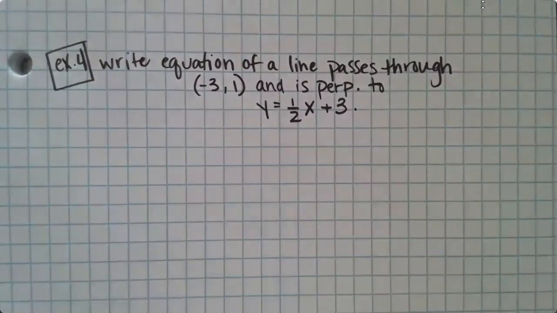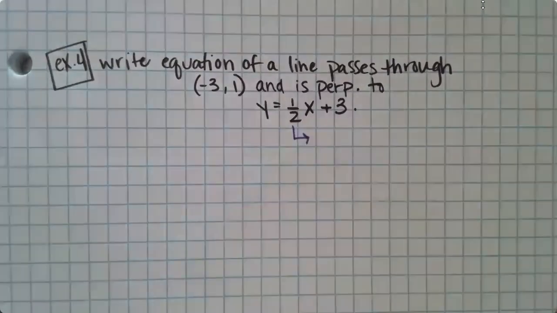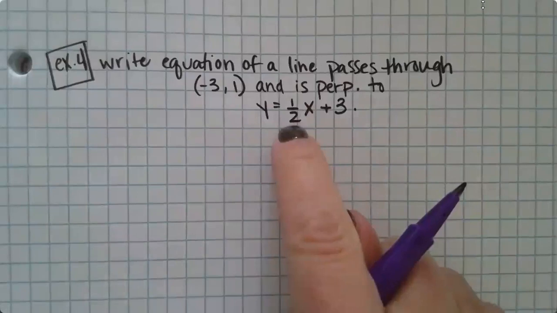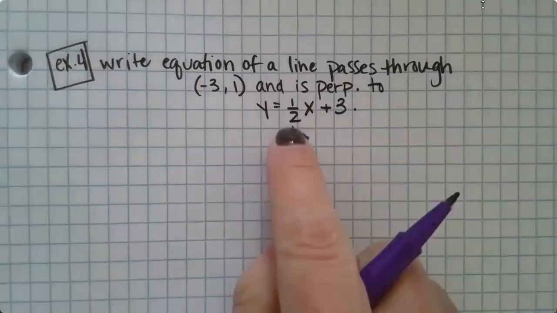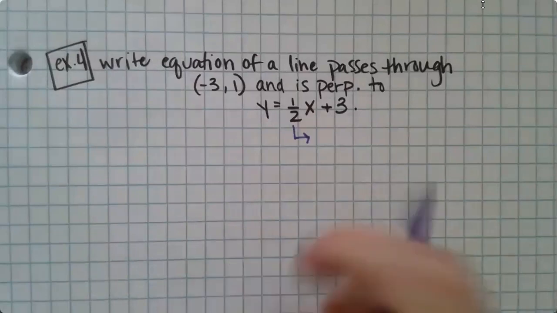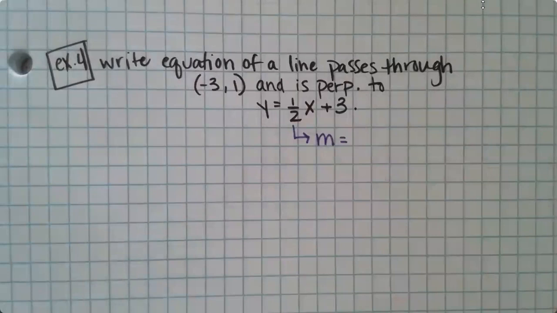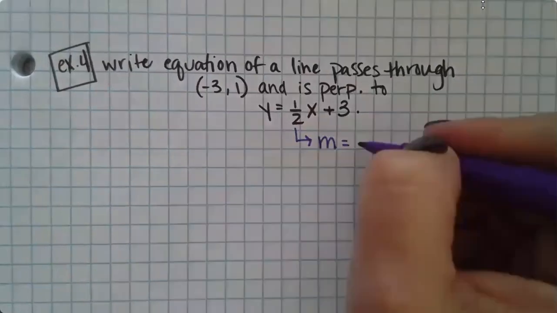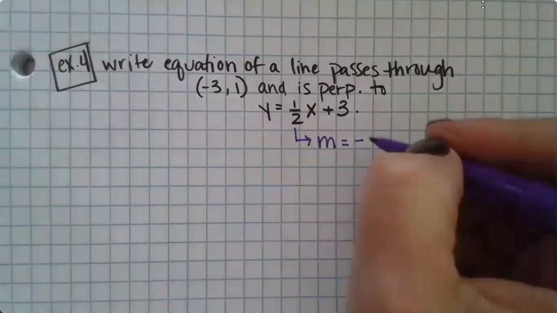If it's perpendicular, our new line needs to have a slope that's the opposite reciprocal of this line. So this line's slope was a positive 1/2. What would my opposite reciprocal be of the new line that I'm going to write? -2. Very good. Negative, opposite, reciprocal, 2, 2/1. Very good.